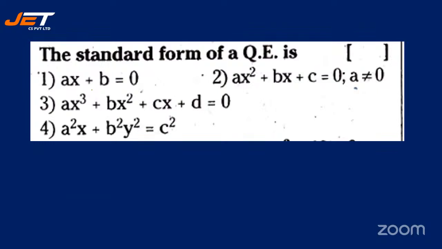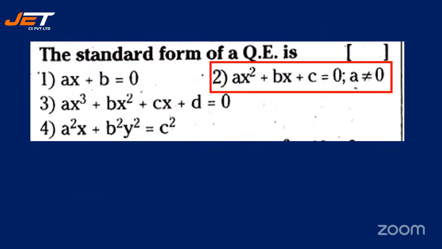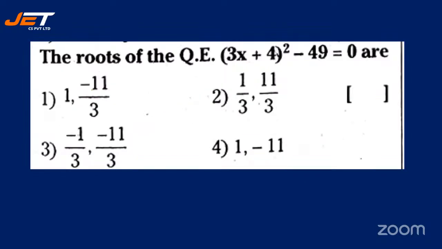The standard form of a quadratic equation is x square plus bx plus c is equal to 0. So it's a very simple question, isn't it? Ax square plus bx plus c is equal to 0, where a is not equal to 0. See the next question. The roots of the quadratic equation 3x plus 4 the whole square minus 49 is equal to 0. So what you have to do in this, expand this equation, then do minus 49, you will get a proper quadratic equation, isn't it?